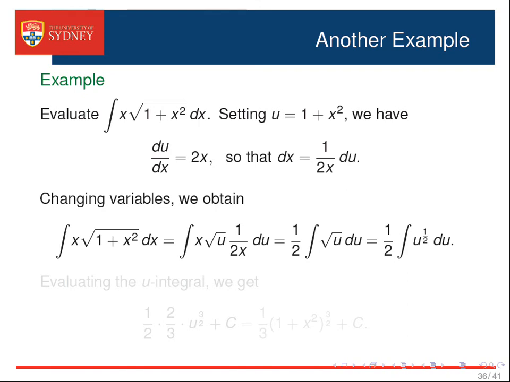Substituting u and dx into our original integral, we then obtain the equivalent but simpler integral in terms of u. Evaluating this new integral, we get the following. Before writing our answer in terms of our original variable x.